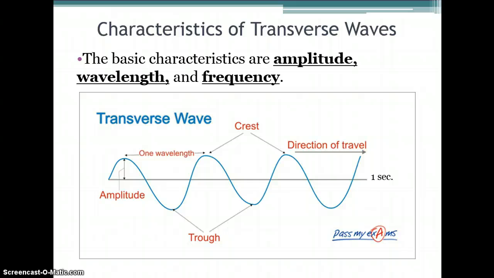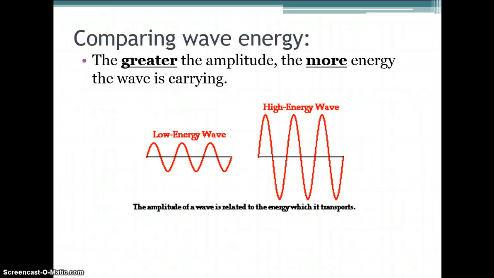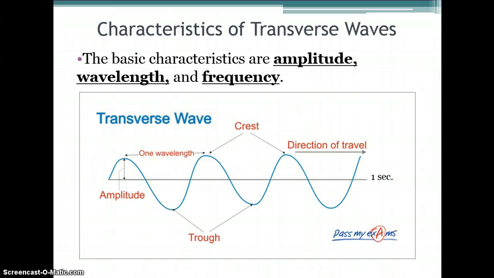So make sure that you show where on your diagram on your notes the amplitude is. The amplitude, again, should be a distance. So you're drawing it with arrows representing from the rest line to the crest, or from the rest to the trough.